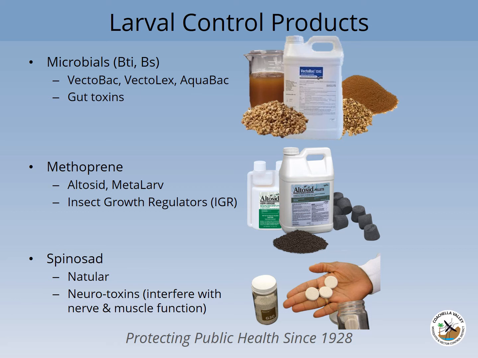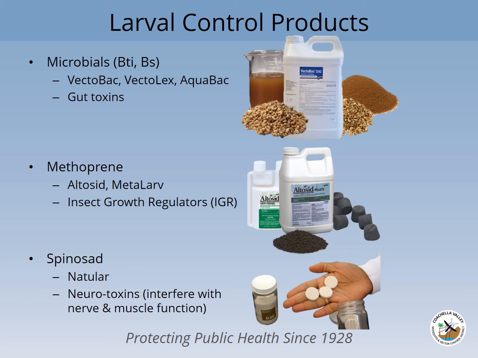So you can see with the different types of mosquito products that we have, the mode of action is very different between all three. So the likelihood of mosquito larvae having resistance to all these different modes of action is very, very small.